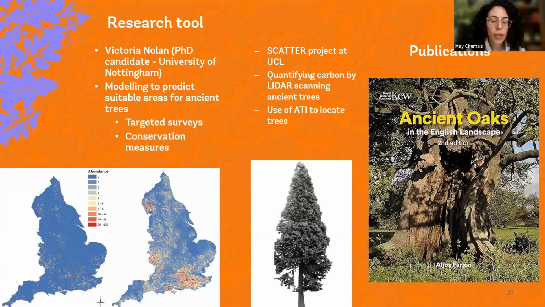If you look into the Scatter project, you'll find some really cool 3D videos of these trees. The idea is to understand how carbon is stored in these burly and gnarly trees, because you wouldn't calculate that the same way you would for a mature tree, which has a much more continuous trunk as you go up. And there are other publications, things like Ancient Oak, written by Alios Farion.